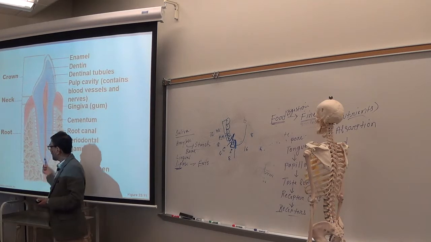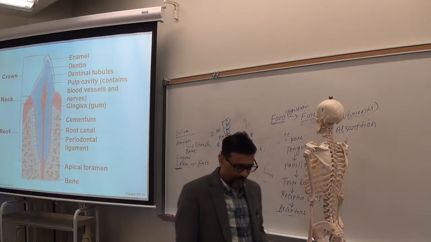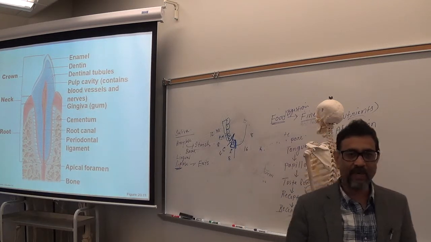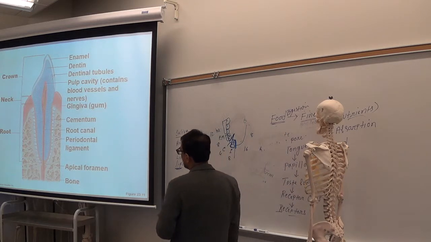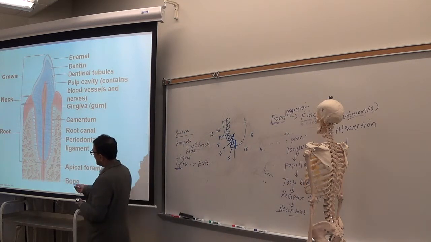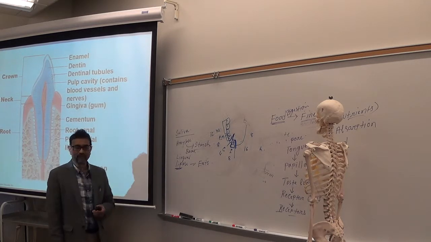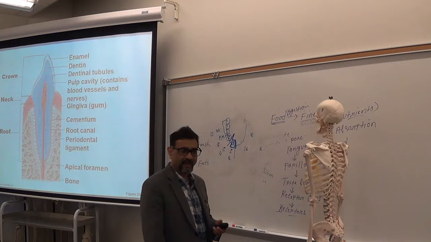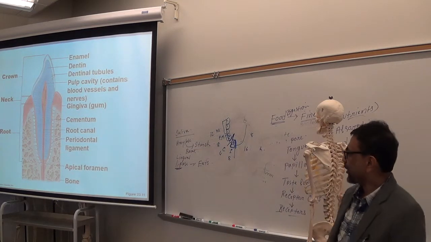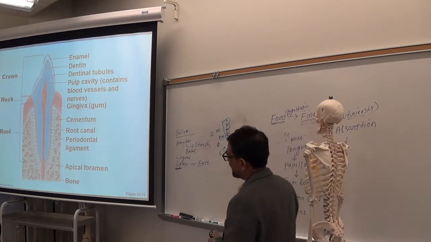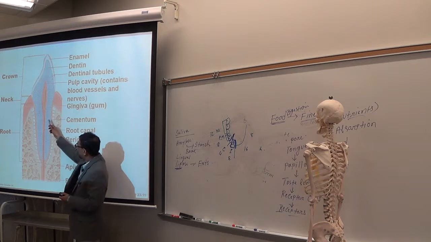The innermost canal-like structure is the root canal. Blood vessels and nerves pass through the root canal to enter into the pulp cavity. So those are the structures in the crown and the root.